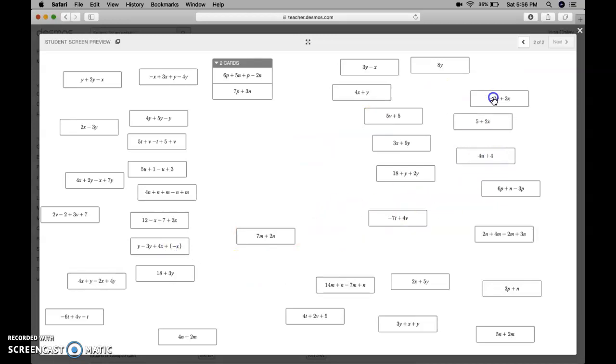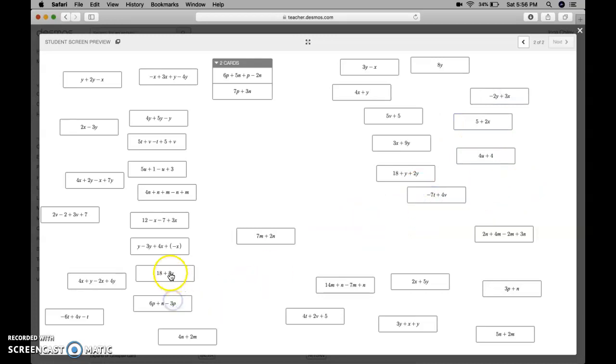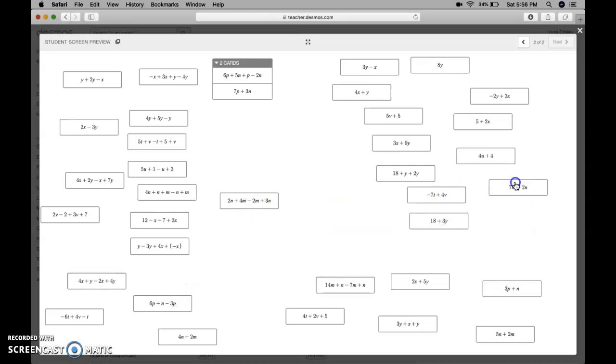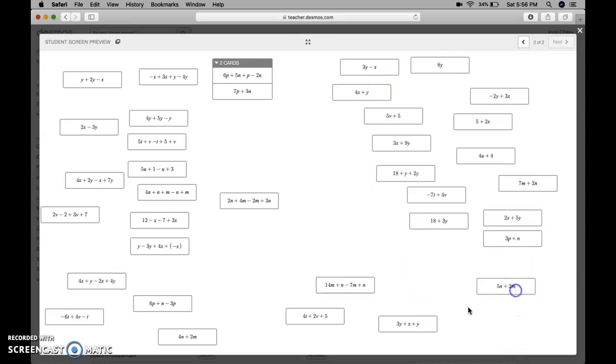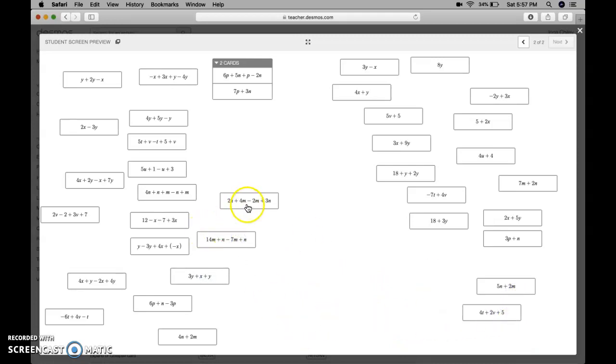One strategy for doing this card sort could be that you put all of the cards that don't have any like terms on one side of the screen, and all the cards that have like terms that can be combined on the other side of the screen, right?